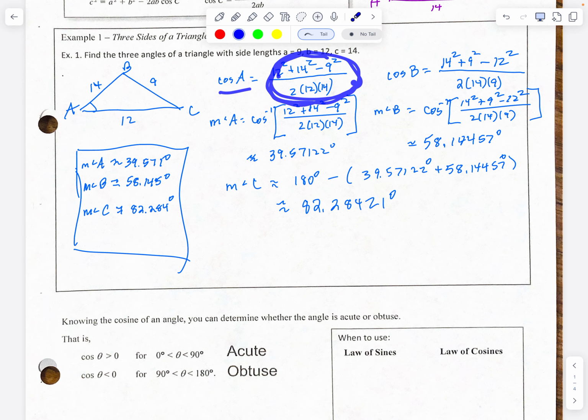And the other thing is practice your calculator skills. Don't be lazy and just write down answers from a worked out solution. Make sure you know how to do the calculations. So we have the square root. Oops, clear. The square root function.